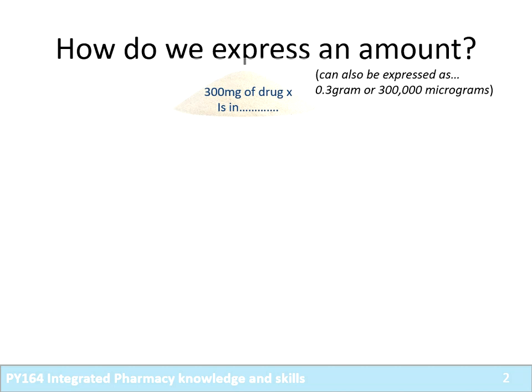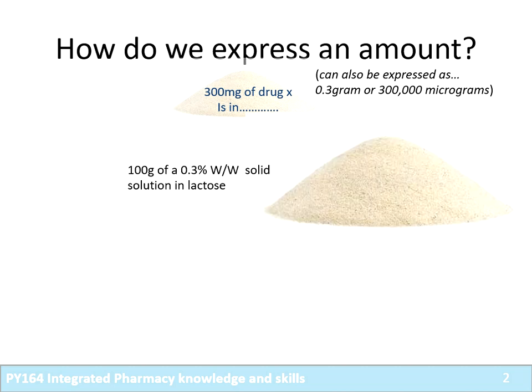But we have this 300 milligrams, and that could be, for example, contained in 100 grams of a 0.3% weight solid solution in lactose. So in that larger pile of powder is 300 milligrams, and the total amount of that powder is 100 grams in total.